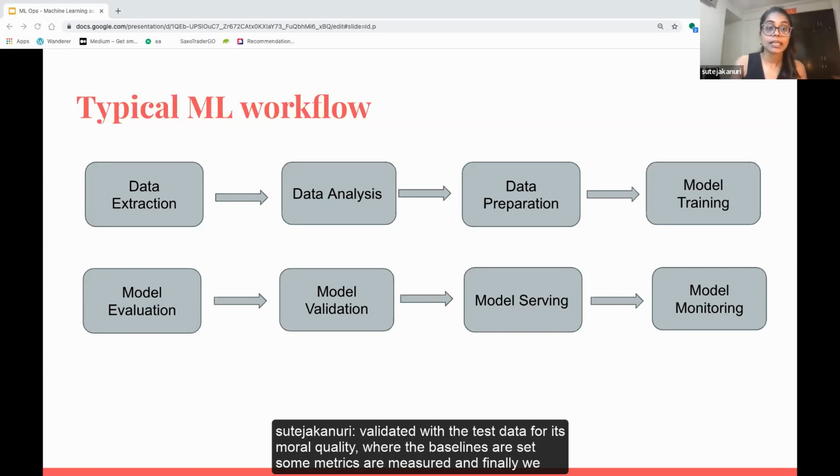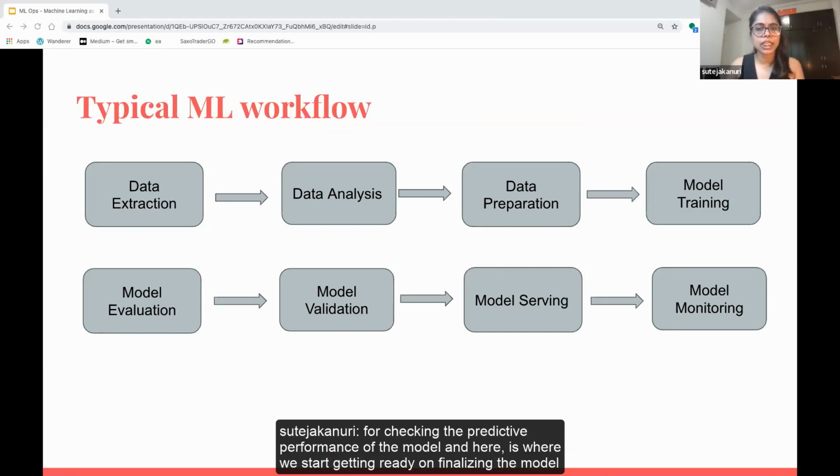And finally, we move towards a model validation phase, where we have adequate information for checking the predictive performance of the model. And here is where we start getting ready to finalize the model, which can go into production environments, which is done by the phase called model serving.